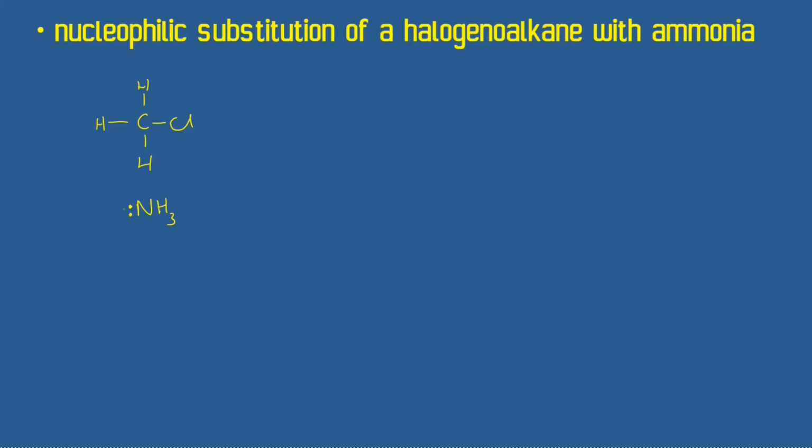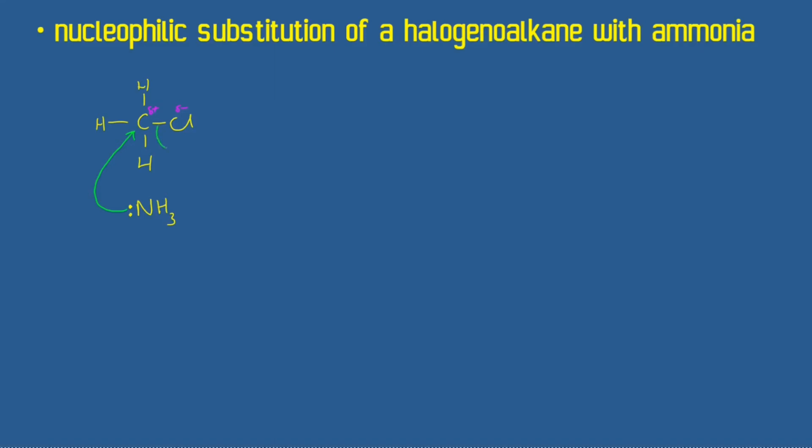So where are my electrons going to move? Well, think about what we've got up here. We've got a delta positive carbon and a delta negative chlorine there. So our electrons are going to move from our lone pair towards the carbon in the chloromethane. As this comes in and forms a new bond between the nitrogen and the carbon, the carbon's then got 5 bonds, so it needs to ditch one of the bonds.